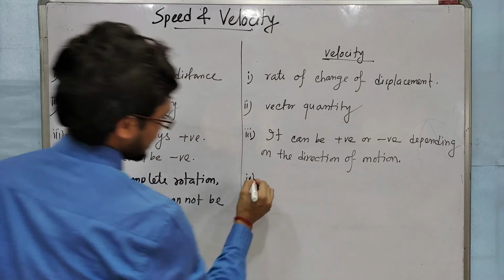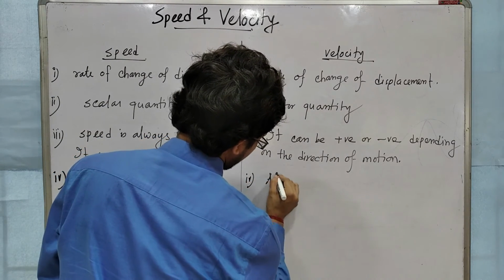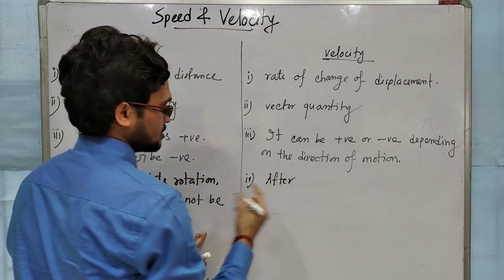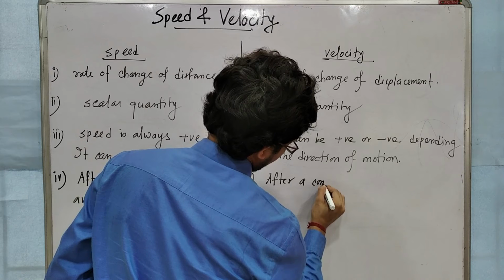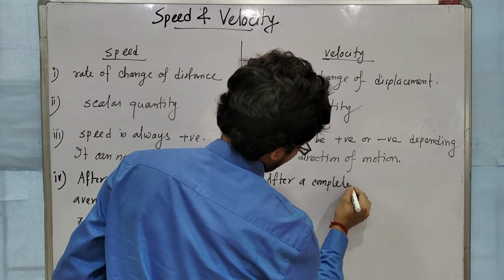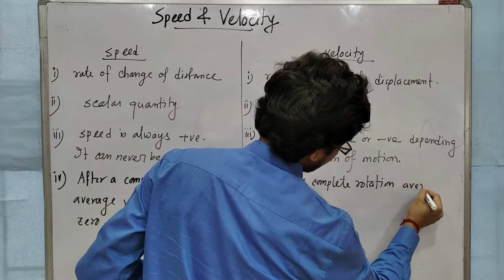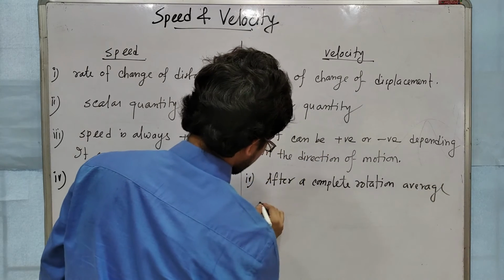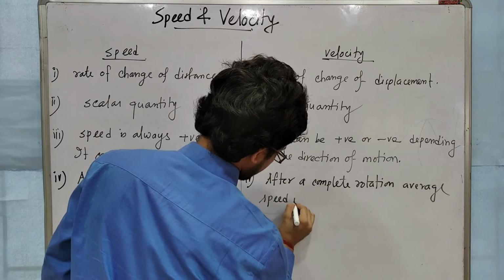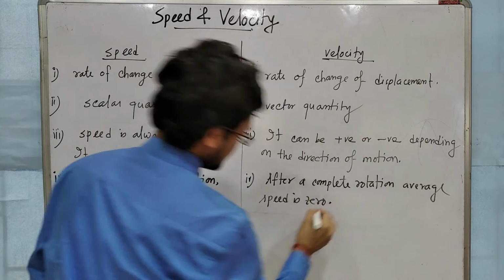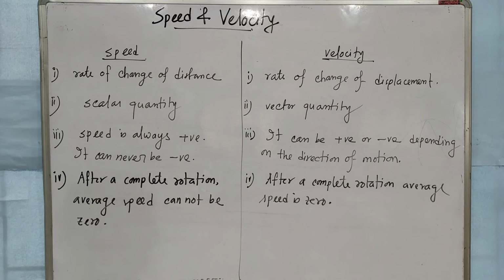But for velocity, after a complete rotation, average velocity is 0. So these are the differences.